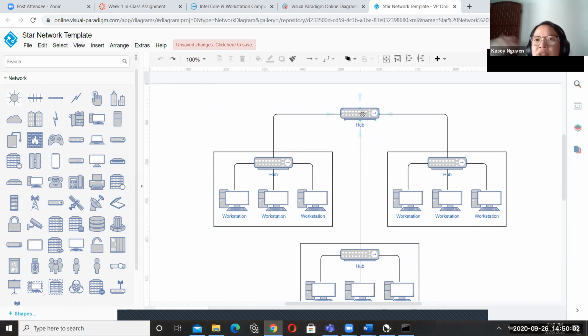So this hub eventually would connect to another network appliance to have internet service, like a router or another switch. But yes, they would usually be equivalent.